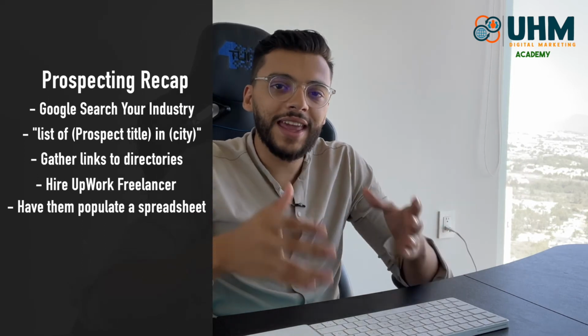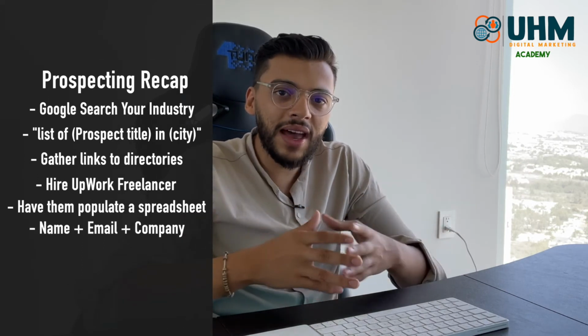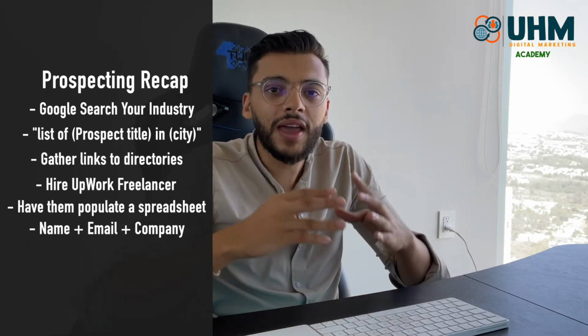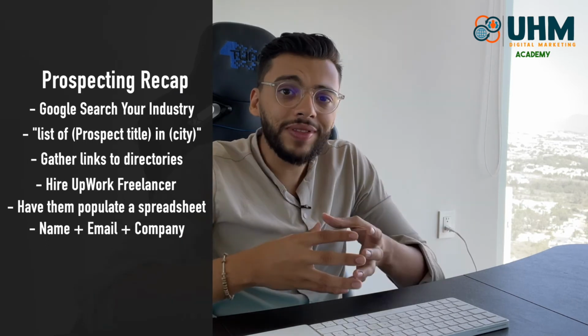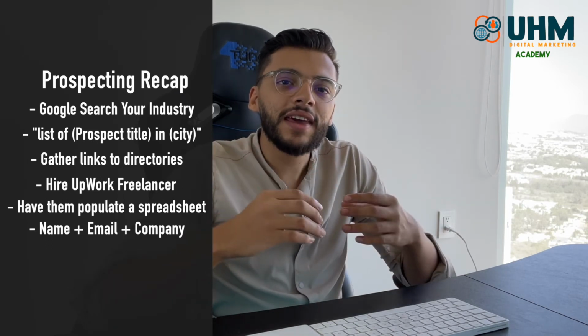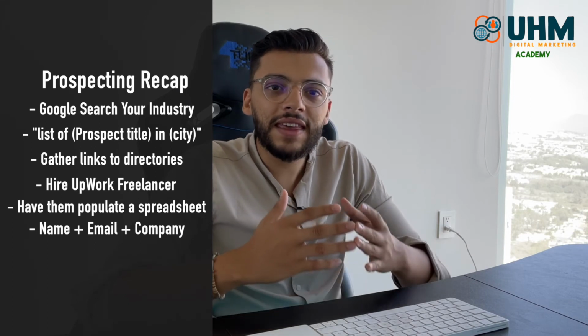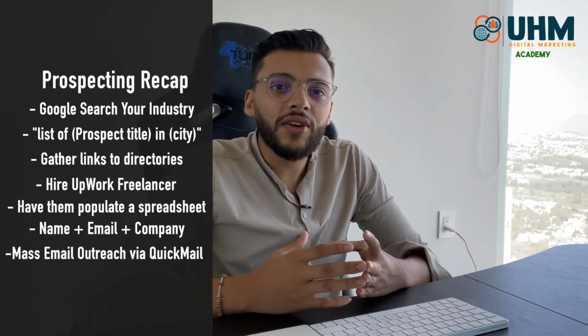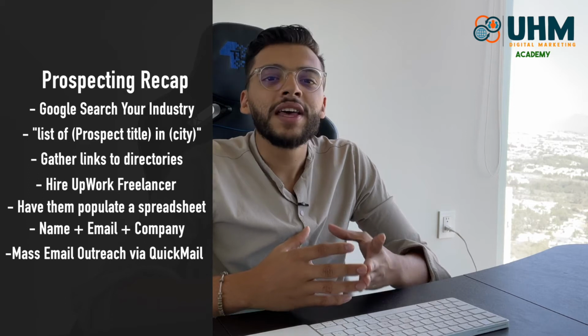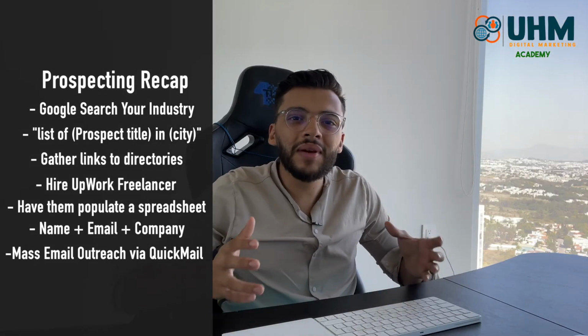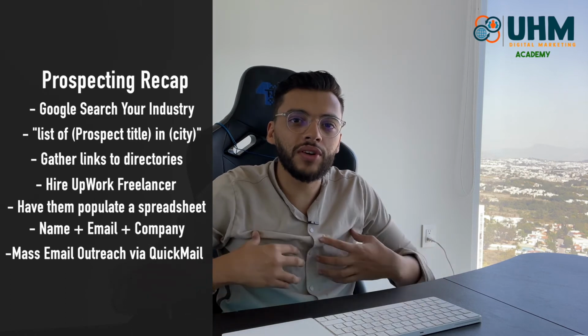I need their name, I want their email address, and I want their company or their website. And then you're going to put that job out, and then you'll get a couple of people bidding for it, pick a winner, and then in a week or so, you're gonna have a list of prospects that we can then feed into Quickmail or a cold email outreach provider using our templates.